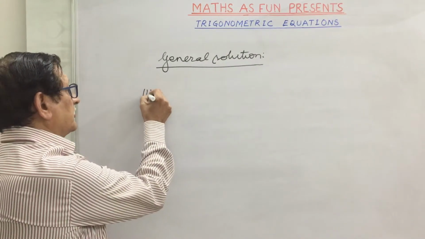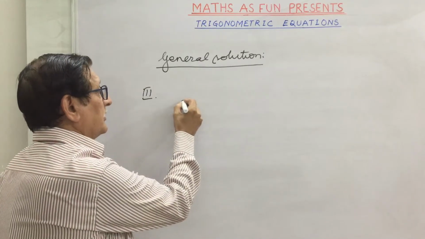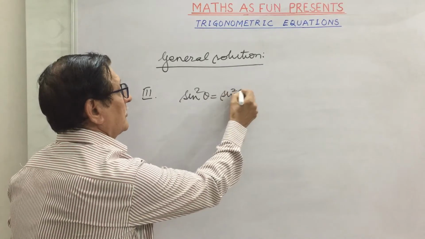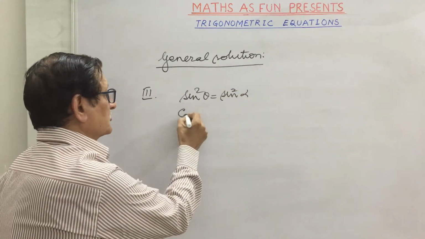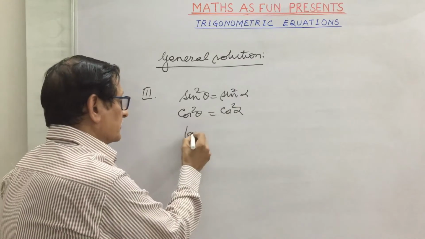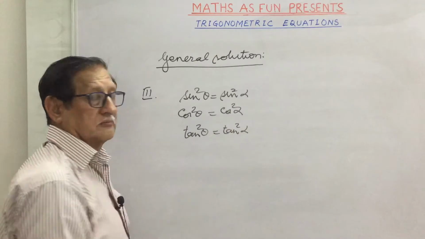The third category or third type of equations we can have is sine square theta equal to sine square alpha, or cos square theta equal to cos square alpha, or it is given tan square theta is equal to tan square alpha.